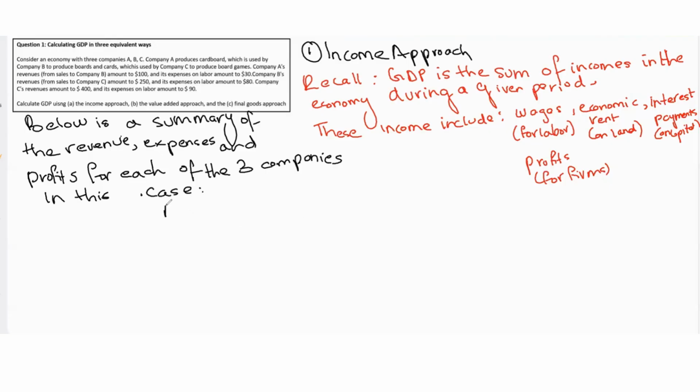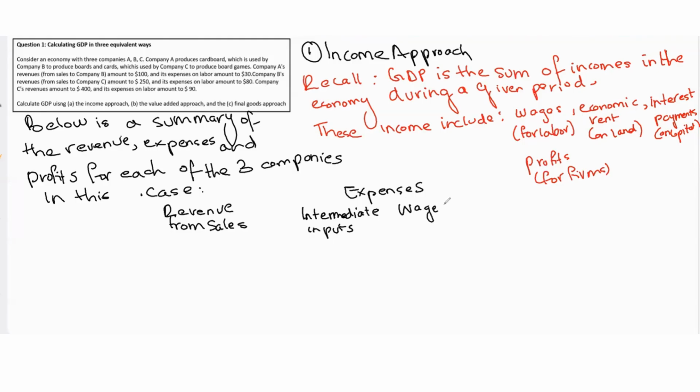We start with the revenue from sales. Then we have expenses. When it comes to expenses, here we will have expenses on intermediate inputs. Then we will have wages.